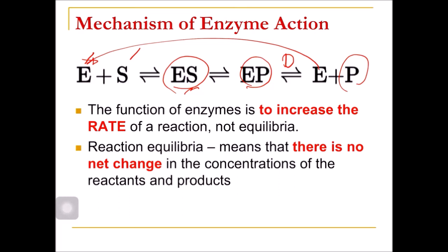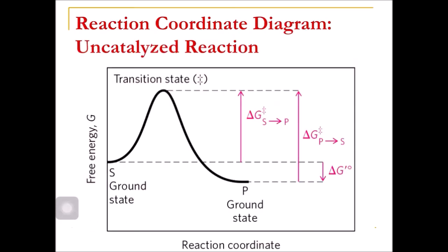And when we say reaction equilibria, it means that there is no net change in the concentration of reactants and product. So to be able to express graphically the activity of enzymes, let's discuss this graph or this diagram. This diagram depicts the reaction coordinate diagram of an uncatalyzed reaction.